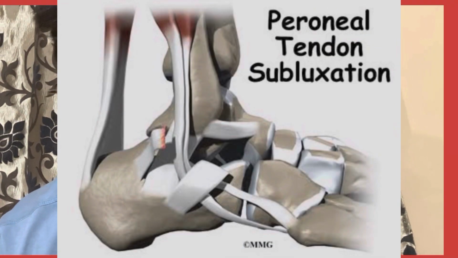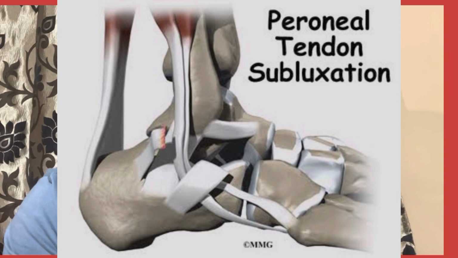In a case of subluxation, popping will be there, and sometimes the patient will show you, because he has been doing it for a long time. He is actually sensing something coming out and going back, coming out and going back.